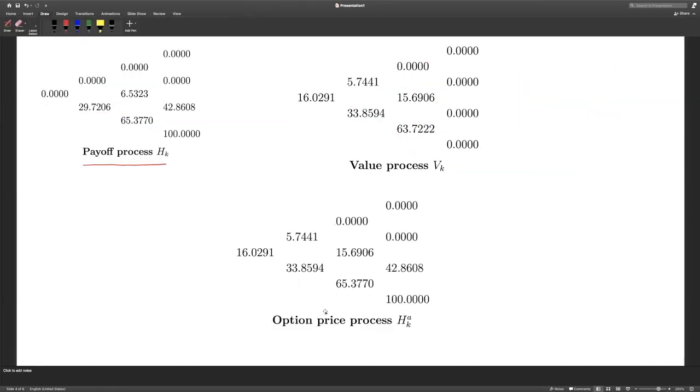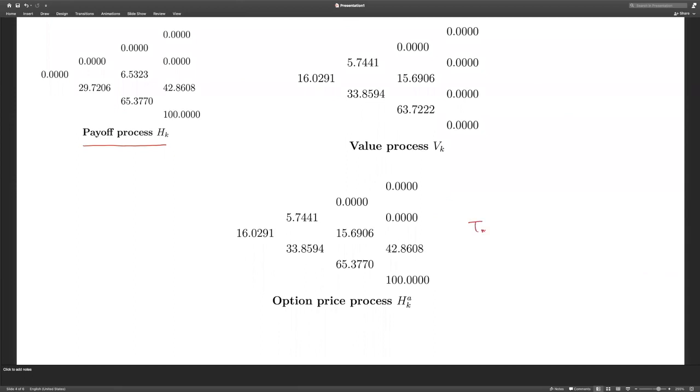So finally, you can write the option price process in the form of the lattice diagram like this. Let us now find the minimum exercise time for the option. If you recall, it is given by tau min is equal to the minimum of all the times tk in the time partition Tn, such that the payoff is greater than or equal to the value, right?